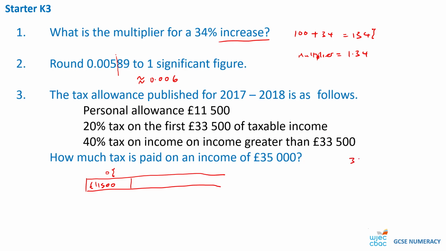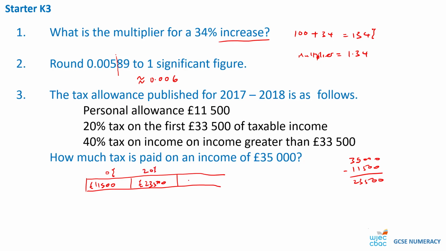So if we do 35,000 and we take away 11,500, we're left with 23,500. So our total amount of 35,000 leaves us with 23,500, which is taxable, and that's at 20%.